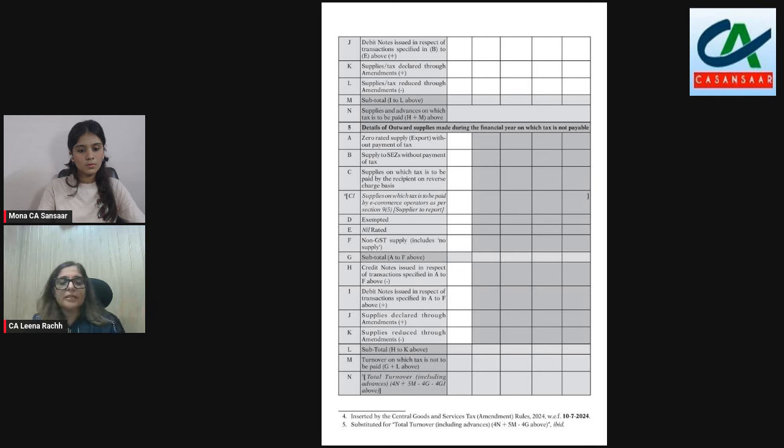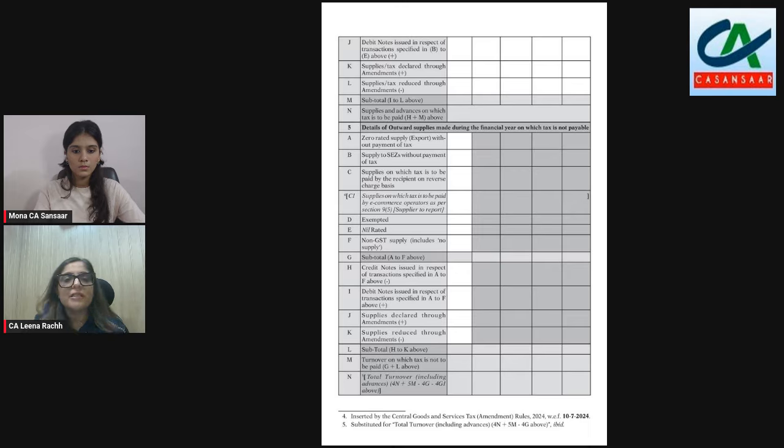Another change that has been brought about in ITC reporting is expansion of table 6M. Now, expansion of table 6M when I'm talking about, one second. Yes. Earlier, we'll again go back to our GSTR-9 form. Earlier table M used to read ITC availed not reported elsewhere.